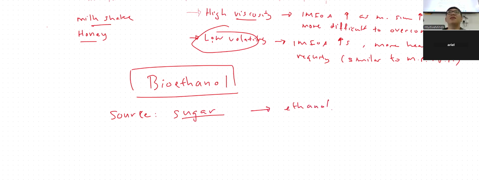What is the process called to create bioethanol from sugar? It starts with F. Fractional distillation? No, it's fermentation.